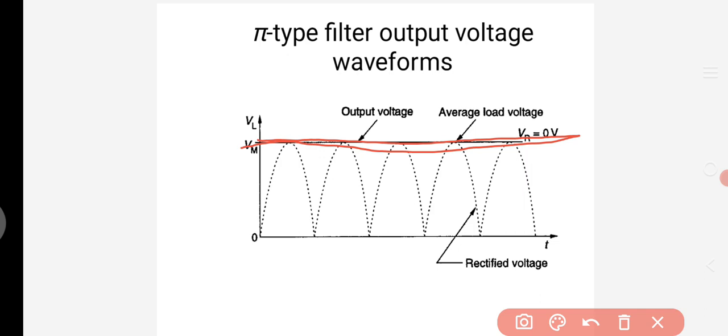Here the dotted lines indicate our rectifier output and the solid line indicates the filter output. The average AC component of this DC will be equal to 0, so this is equal to our output voltage. This output voltage across the filter is the average load voltage. So that is the output of the pi-type filter.